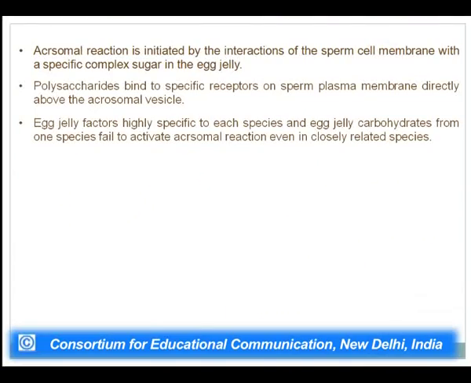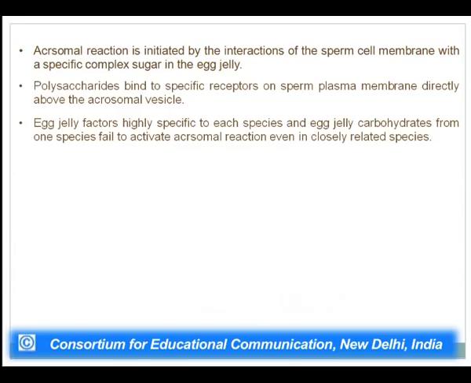These polysaccharides bind to specific receptors on the sperm plasma membrane directly above the acrosomal vesicle. The egg jelly factors are highly specific to each species, and egg jelly carbohydrates from one species fail to activate the acrosomal reaction even in closely related species.